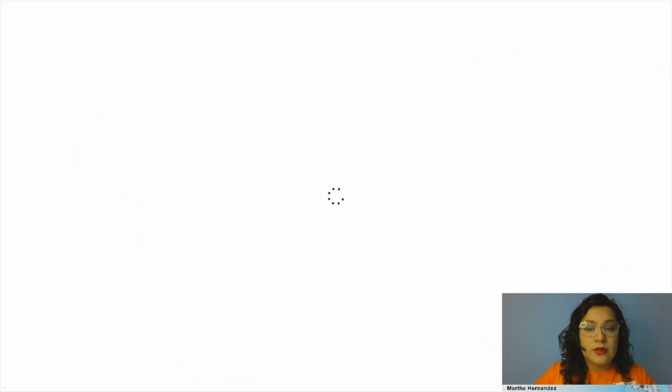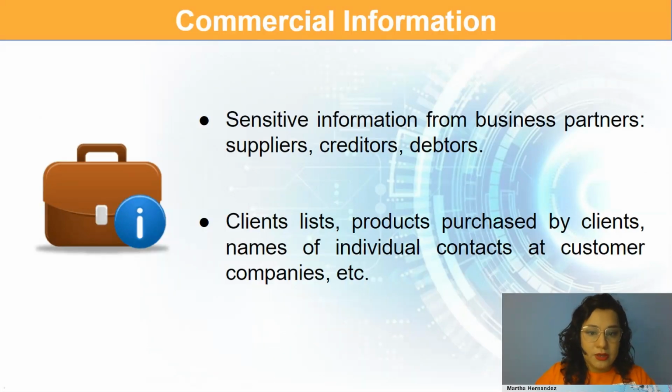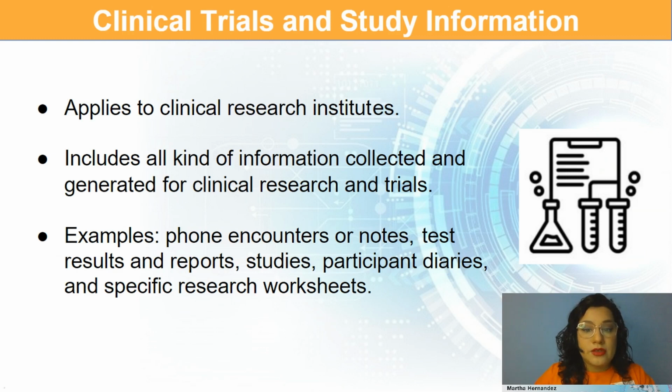So the next kind of information will be the commercial information. The labs have sensitive information related to business partners, such as suppliers or creditors or debtors. So this information is sensitive and should never be disclosed to third parties. The clinical trials and study information applies obviously to institutions that deal with clinical trials and research.